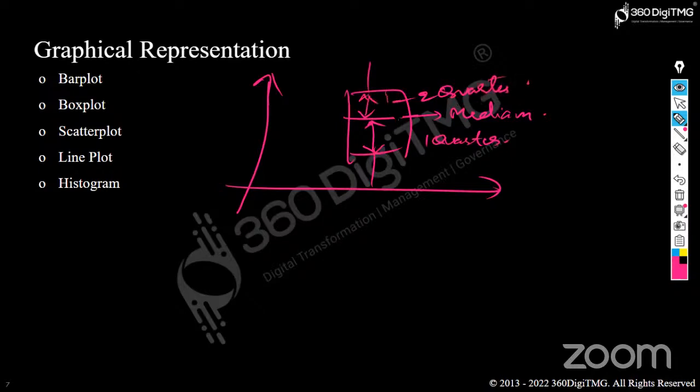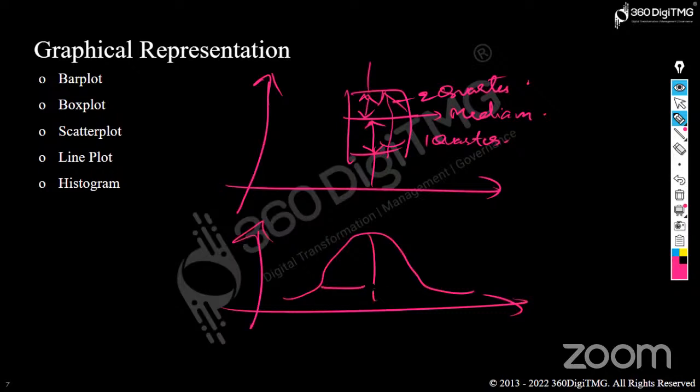So whatever you find within this, it is something like this. So this is equal, a normal distribution. So whatever you find between this will be like here.